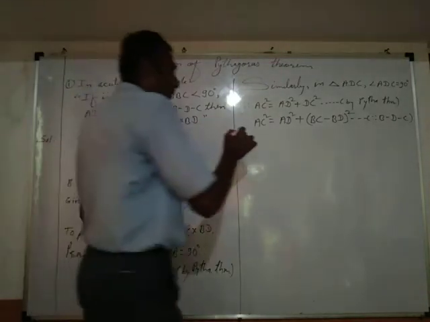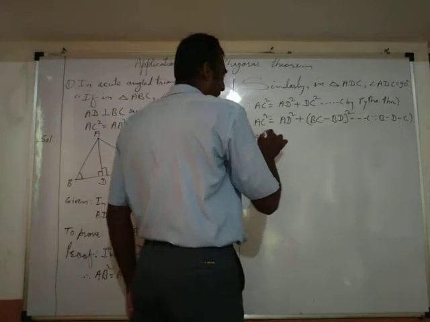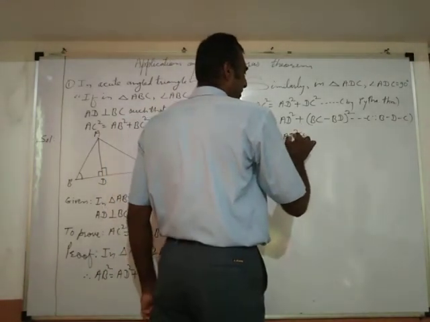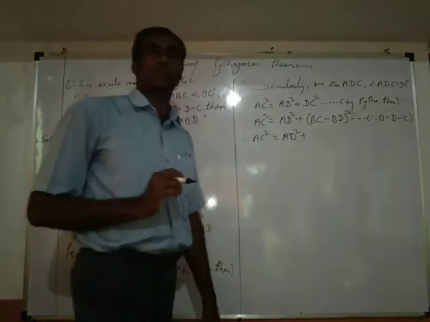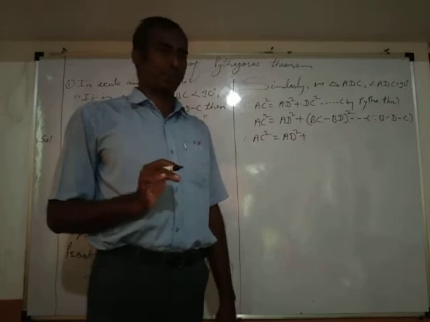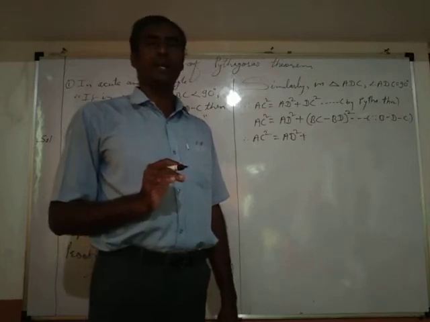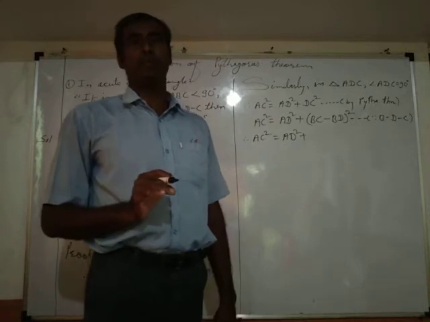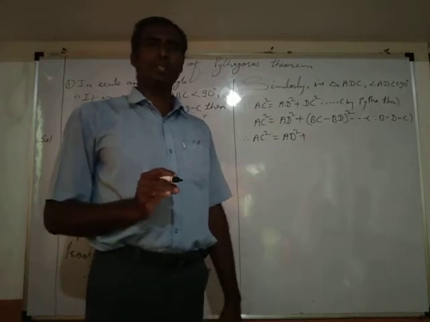Okay, now therefore again we may write AC square equals AD square plus (BC minus BD) square. It is in the form of (A minus B) square. And we know that the expansion of (A minus B) square is A square minus 2AB plus B square.